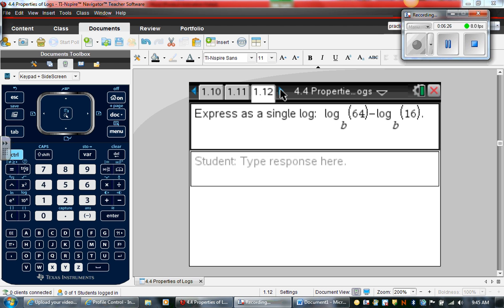Okay, so in this case, I've got log base b of 64 minus log base b of 16. Now, in this case, we want to condense it. We want to write it as a single logarithm. So we're working in the opposite direction. What you notice is we have that subtraction. That means that we're going to be taking this and turning it into division. Numerator minus denominator, so the first logarithm, this value of 64, will be in my numerator, and this value of 16 will be in my denominator.